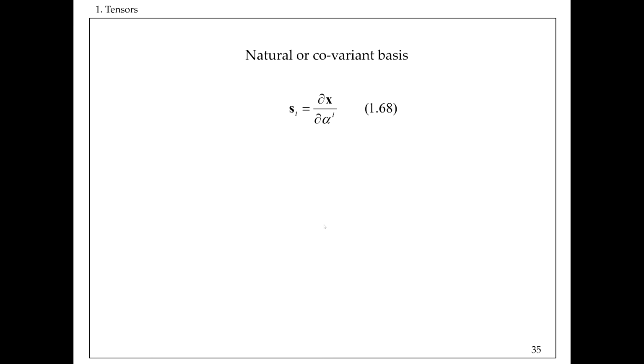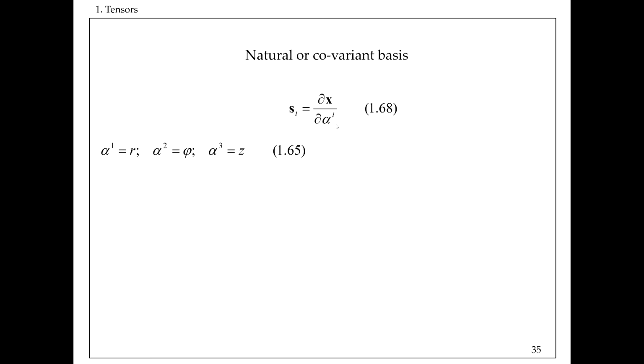Now, this is how we define it in general. We didn't say what alpha is, so now we're going to specify that for our cylindrical coordinate system, where we know what alpha is: alpha 1 is r, alpha 2 is phi, alpha 3 is z.